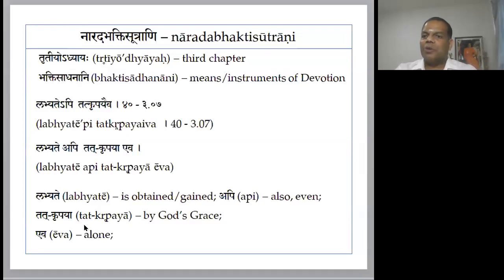That is so difficult, it would have discouraged anyone. So that is referred to in this sutra, Labhyatepi Tat Kripayaiva. Only through God's grace is that attained. That is acknowledged by Narada Maharshi. We look at an excerpt of Swami's discourse.